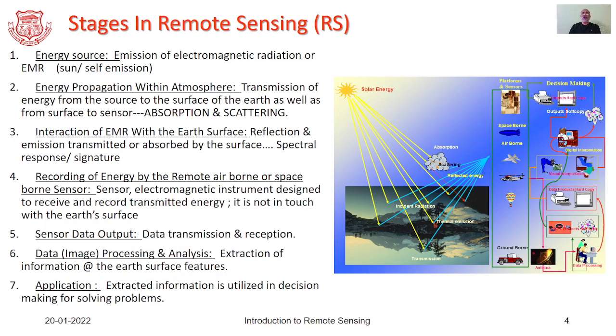Let's try to go further in depth now. This energy source could be the sun, or there could be self-emission. As the energy is emitted from this energy source, it propagates through the atmosphere.